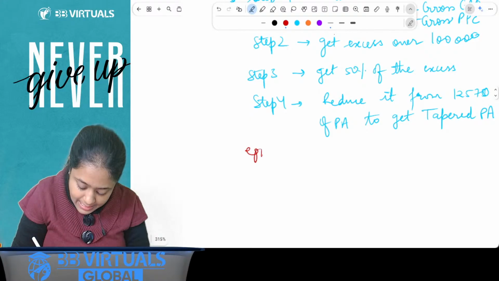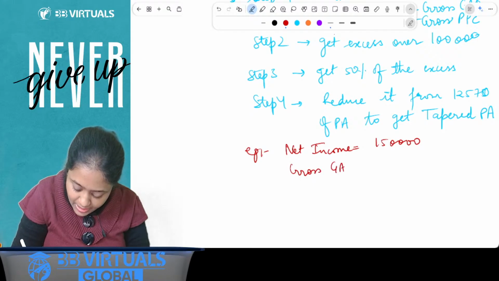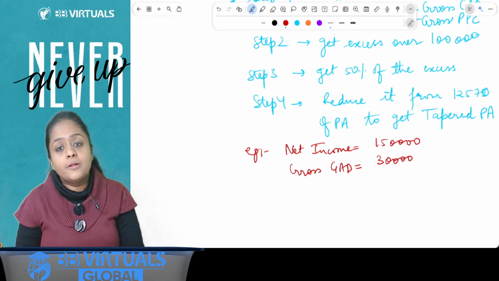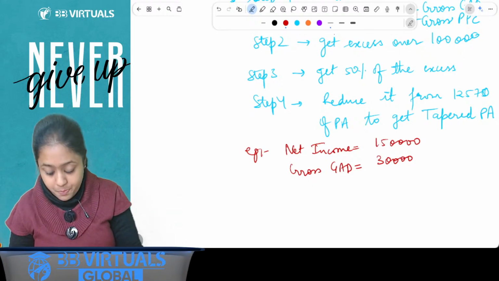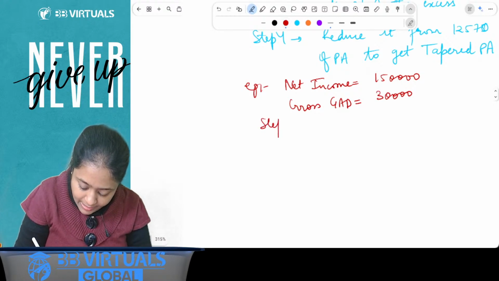Okay, now let's take an example. For example, let's say the net income is 1,50,000 and the question only gives me one thing: gross gifted donation is 30,000. Now calculate what is the tapered PA. So let's apply steps. Step 1, ANI.